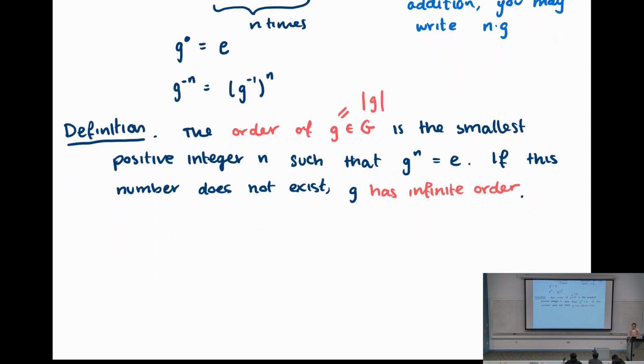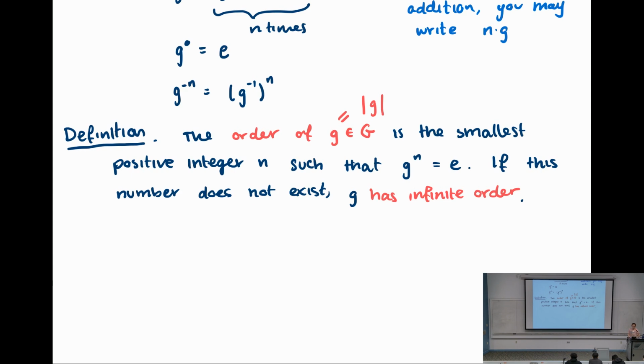Okay, so I'm going to give you two problems just to warm you up to the idea of the order of an element. The first one we'll deal with is U of 15.